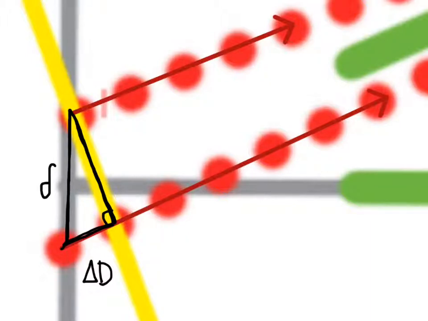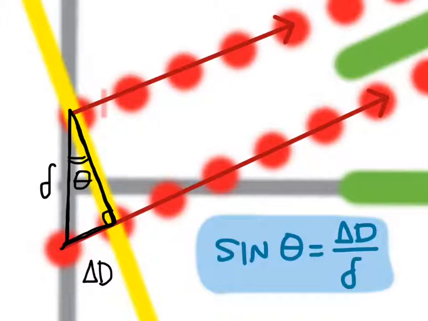And writing an equation for that triangle with this angle right here gave us the relationship for finding the angular displacement from the center line of any line of constructive or destructive interference for two-dimensional interference. And that was just a quick recap of previous learning.